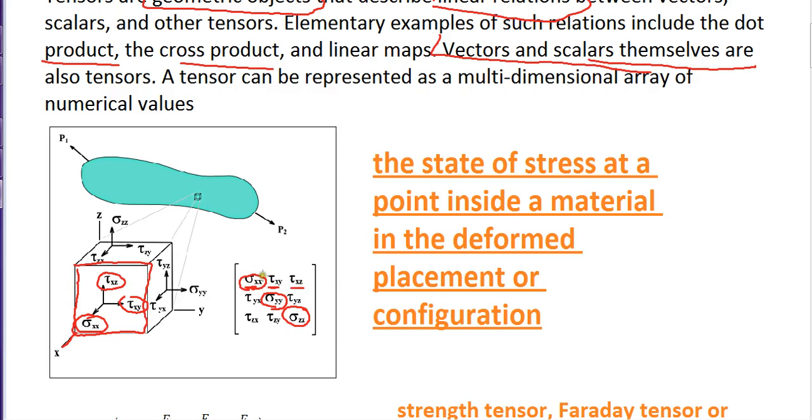Sigma xx means a force exerted in the x direction on the x plane, and similarly for sigma yy and sigma zz. I'll explain every detail in the next stress lectures. Today I'm just making you understand what a tensor is.